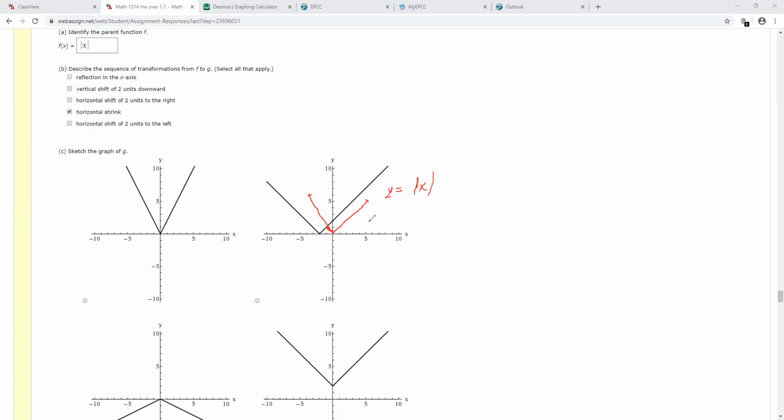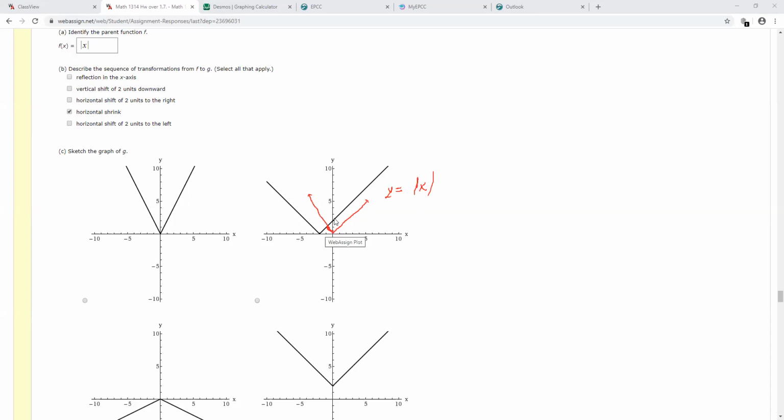And now we're going to compress it closer horizontally to the y-axis. Now the question is, which graph does it have to be? Well, Sketch A. Yeah, it's A. Because, by the way, you can tell this one is not compressed, because if you move over one from the vertex and go up one, you're still on the graph.